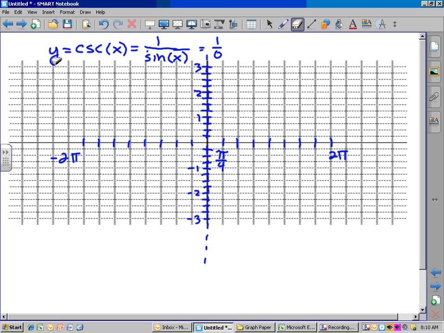What's the sine of 45? Let me refer back to the graph. About 0.7. It's exactly what? Square root of 2 over 2, right? So what would 1 over about 0.7, or 1 divided by the square root of 2 over 2, be?